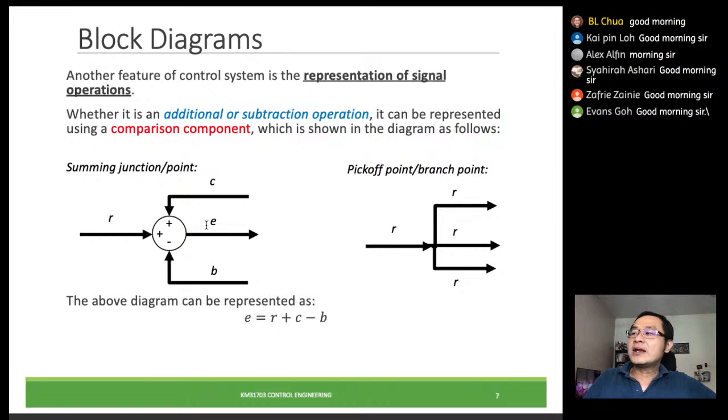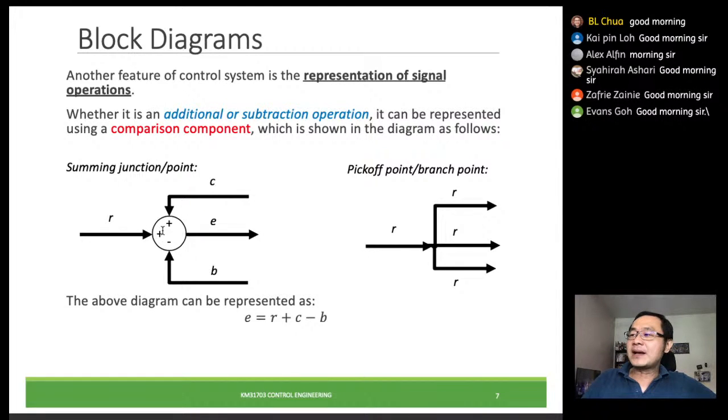Whenever they come to these junctions, usually we will represent them with a circle, and you can see that there is a sign, plus, minus, or minus, plus, minus, and so on. So this tells us how we would want to do the operations at this point itself.